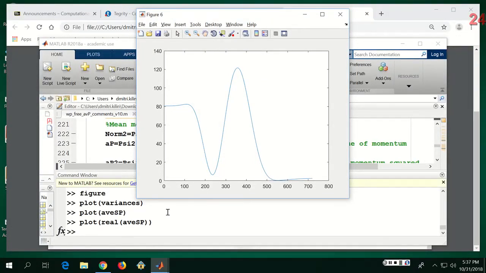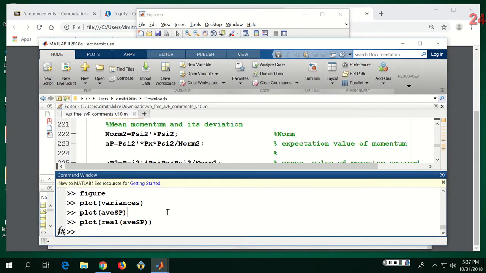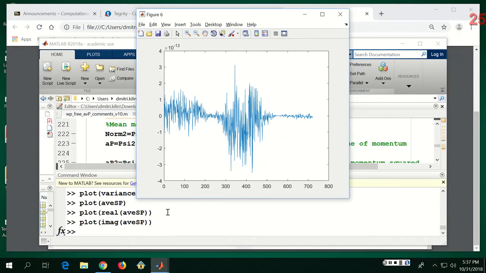If I plot this expectation value of momentum directly, it immediately comes up that most variables here are complex, and there is a noise, even if it has imaginary parts.